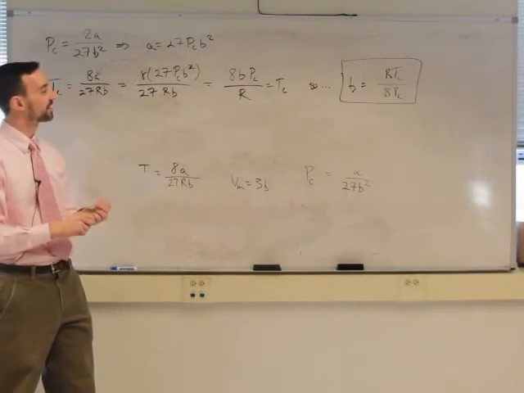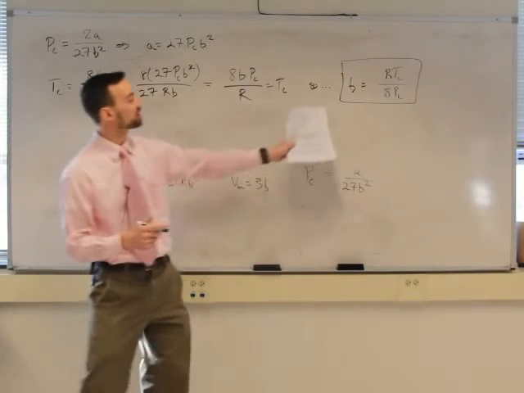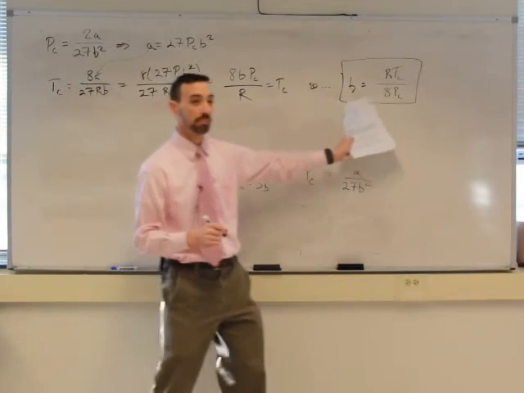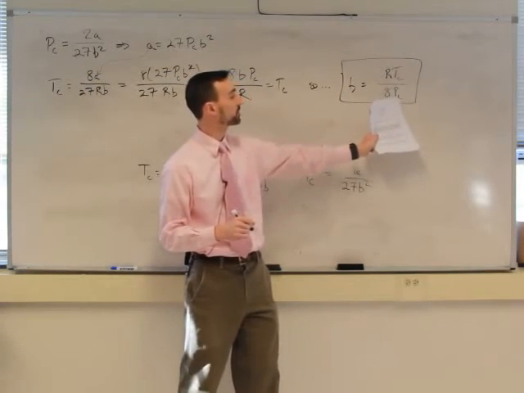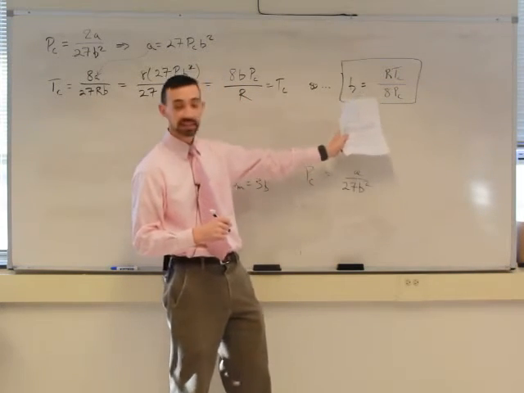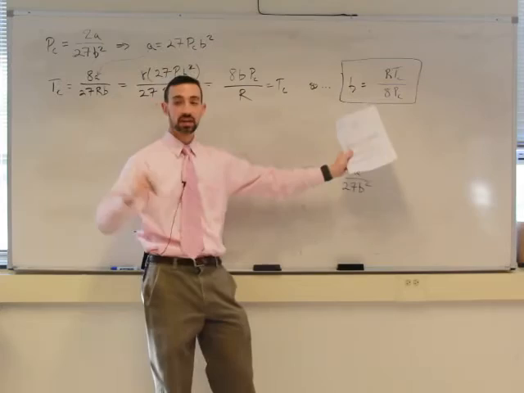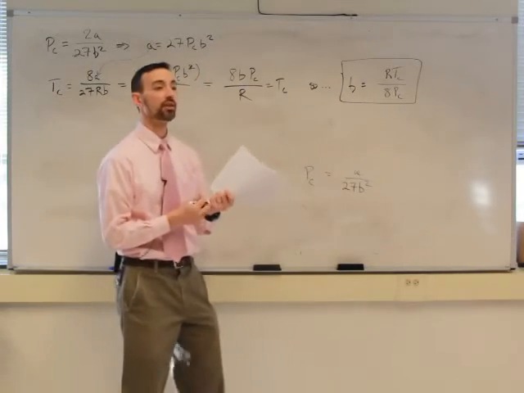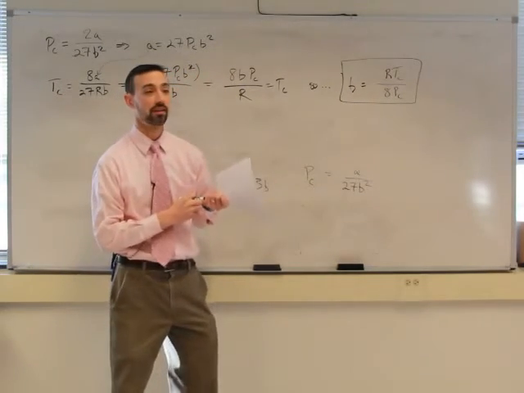Okay, sorry, the video cut off again. We had just derived that B can be found from the critical temperature and critical pressure of a gas, which we can measure directly in the lab with the device that I will show you, or the lab instructor will show you. Okay?